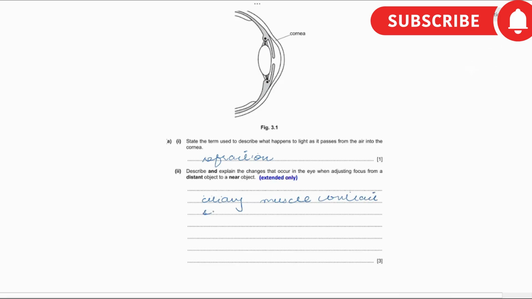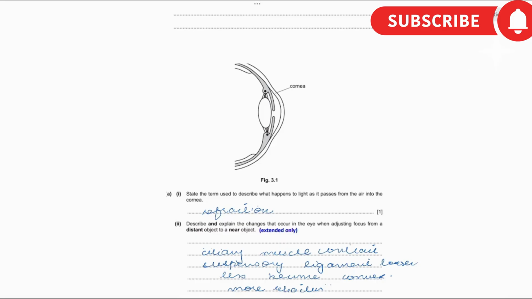The suspensory ligaments relax or loosen. The lens becomes convex or thicker. And the last one is that there would be more refraction. I guess this is enough for the eye. Let's move to the next part. The next part is related to the hormones.